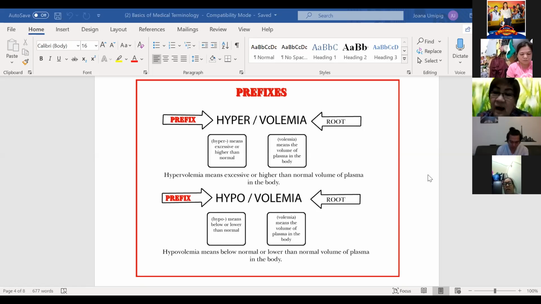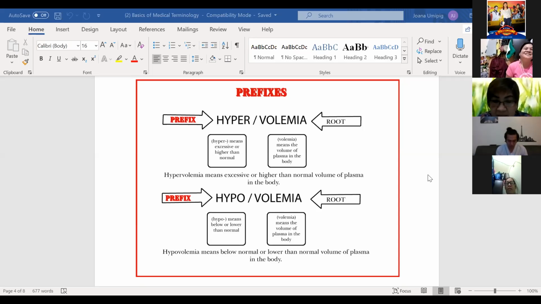The second example is hypo. We are going to put hypo again as the prefix, before the root word. Hypo means below or lesser volume of the plasma, or hypovolemia.